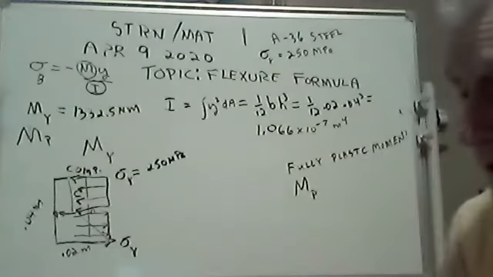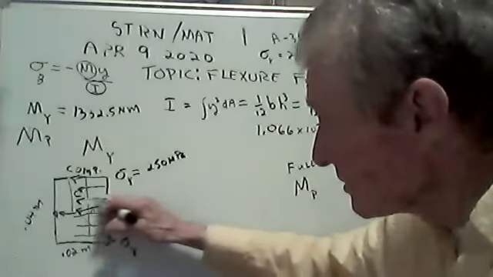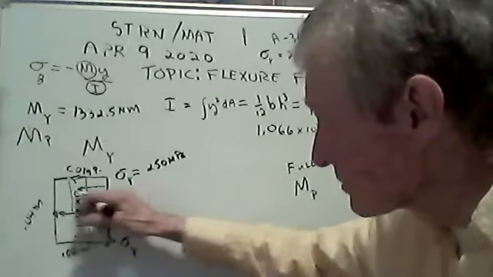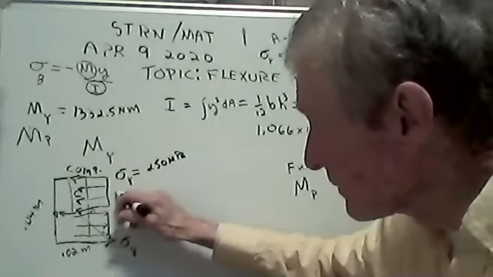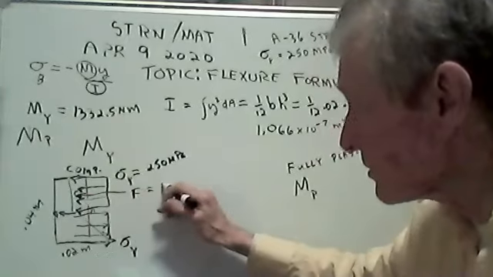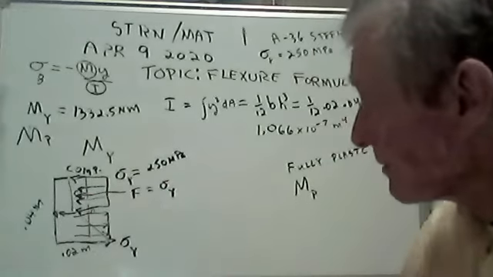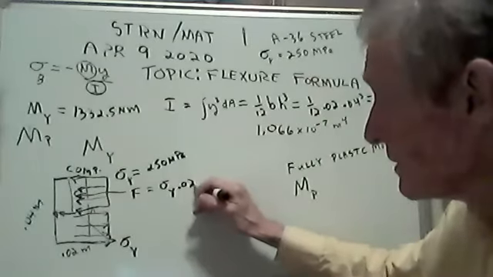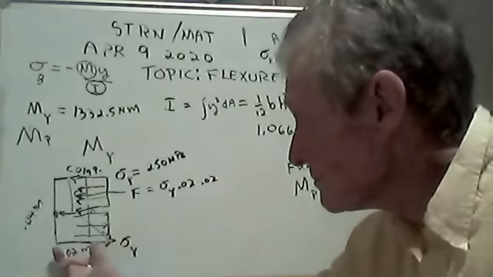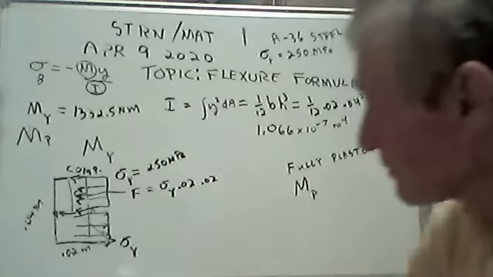And we're going to figure out what that collapse, what that moment is. Well, see, this has got an average force. And we can figure out what this force is. That force is equal to your stress times the area. Now the area is 0.02 times 0.02 because the base is 0.02 and the height here is 0.02.